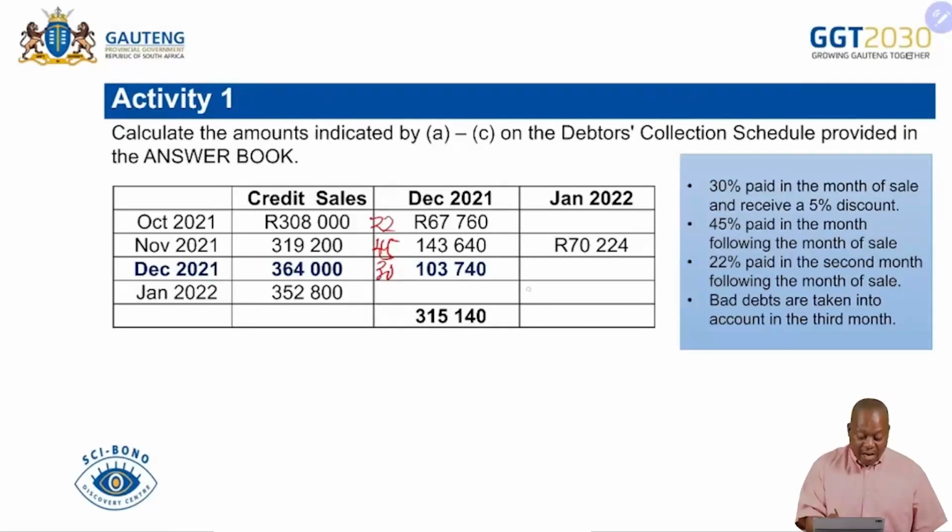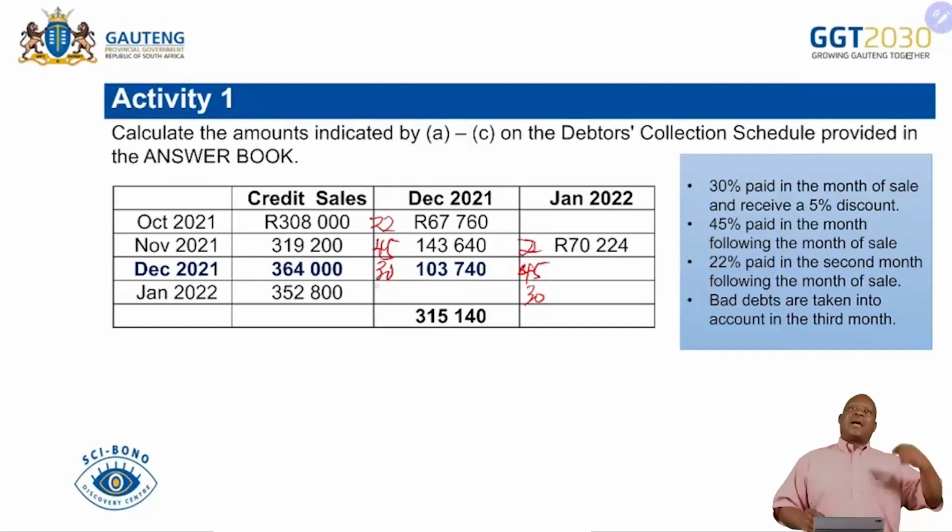When it comes to January, 30%, 45%, and 22%. When you have it like this, life becomes easy. So let's check. We are dealing with December now. But for December, the 30% comes with a 5% discount. So how do we go about it?